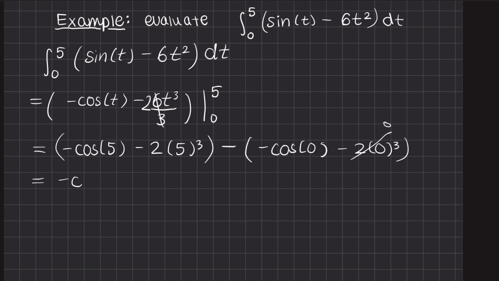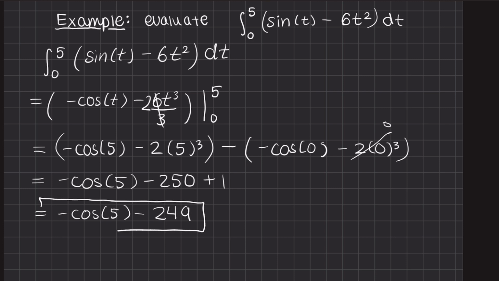So we get negative cosine of 5 minus 2 times 5 cubed, which gives us 125, and 125 times 2 gives us a minus 250. Then minus negative cosine of 0; cosine of 0 is 1, so we have a minus negative 1, so plus 1. So we've got negative cosine of 5 minus 249, and that is going to be the value of this definite integral.